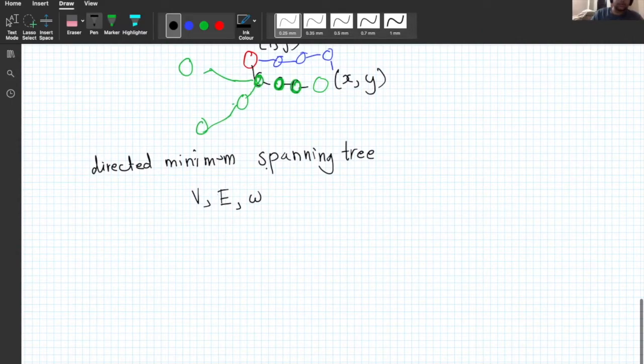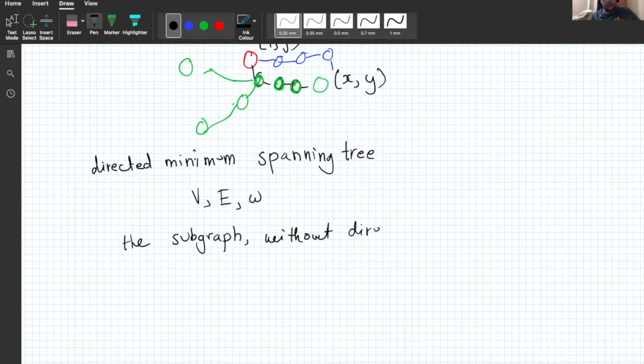Now, a directed minimum spanning tree is a subset of V and a subset of E, basically such that the subgraph formed, if you make the subgraph an undirected graph, is a tree.